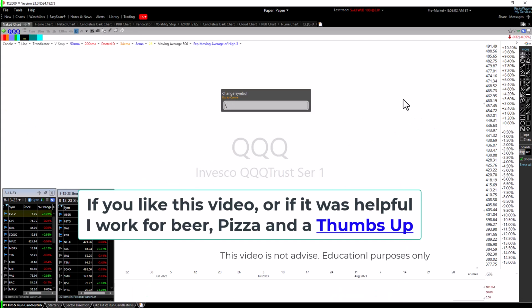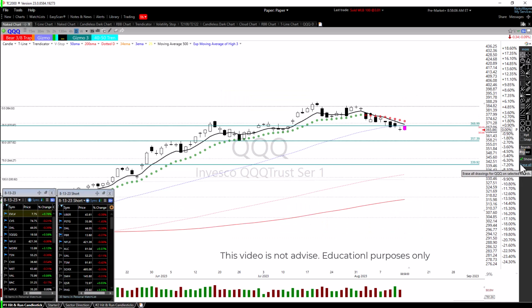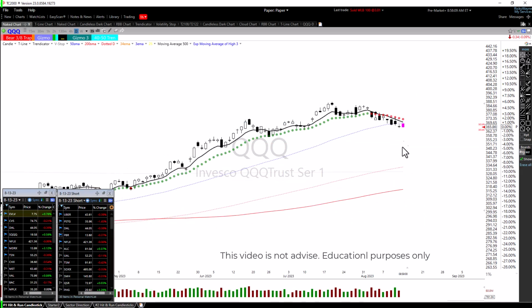The Qs are underneath the 50 period moving average, and that makes that a blue ice failure. This is one of those chart patterns that we like a lot. When we start failing that 50 period moving average, that means a lot to a chart, a lot to traders.